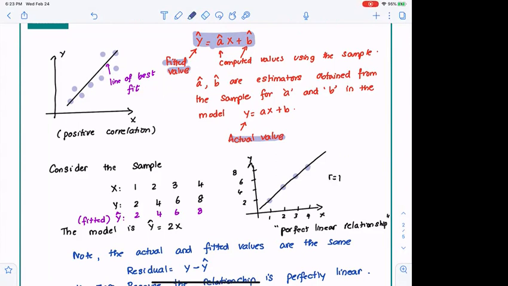I'm just making sure that the points look far away from each other. Okay.